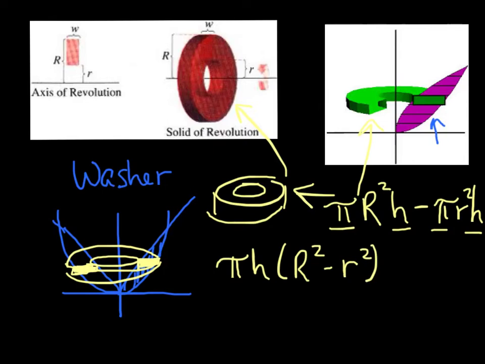Just like before, our H was our height, whether it's going to be a dx or a dy. So you'd really want to think of this as being pi, big R squared minus little r squared, and then H on the end.